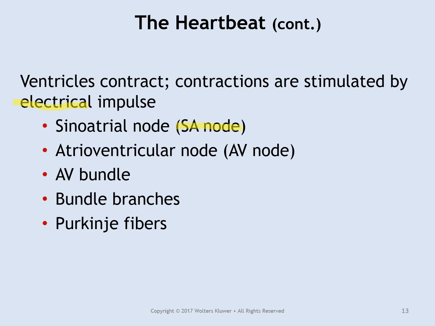It spreads down through the atrioventricular node. There's an AV bundle that further spreads out a web of nerves over the cardiac tissue. There are bundle branches that move further down in the ventricle along with the Purkinje fibers.